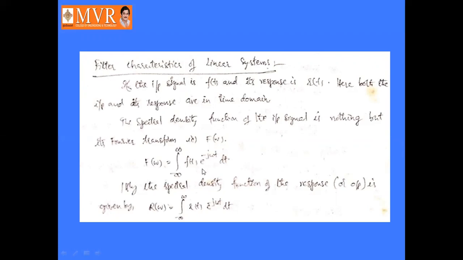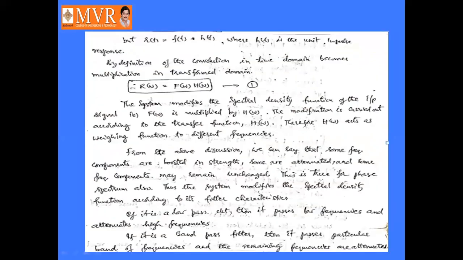Similarly, the spectral density function of the response r of t, R of omega, is given by the integral from minus infinity to infinity of r of t times e power minus j omega t dt. But r of t is f of t convolved with h of t. The output r of t is equal to the input signal f of t convolved with its impulse response h of t, where h of t is the unit impulse response.